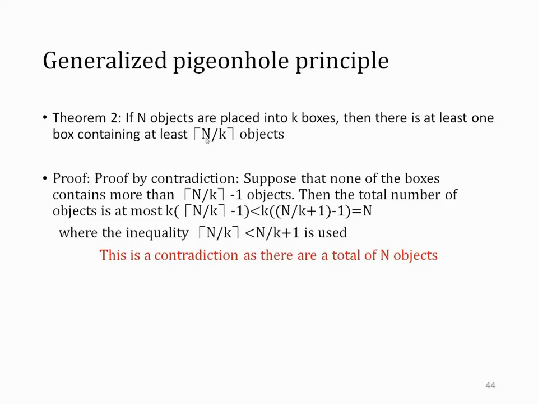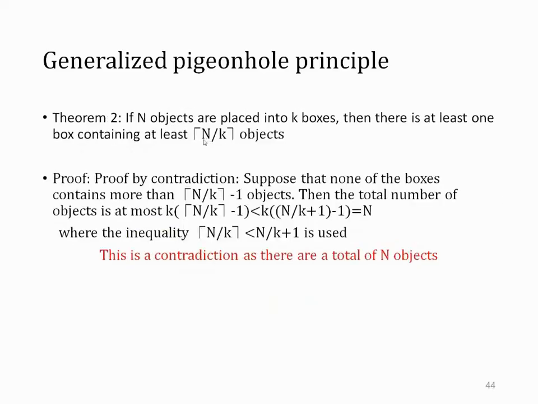Then the total number of objects is at most k times (upper bound of n by k minus 1), which is less than k times (n by k plus 1 minus 1), which is equal to n. Here the inequality n by k is less than n by k plus 1 is used, so that this is contradicted. There are total n objects.